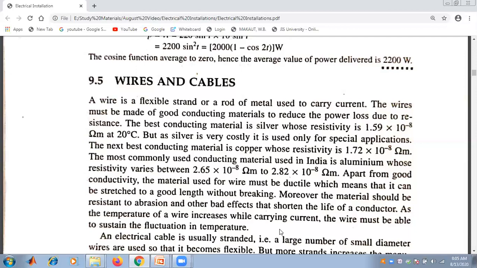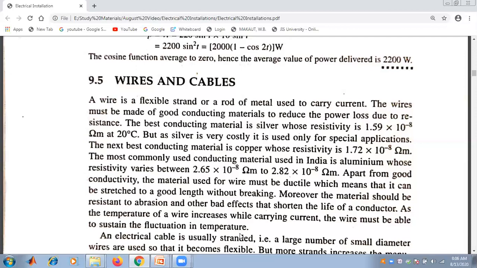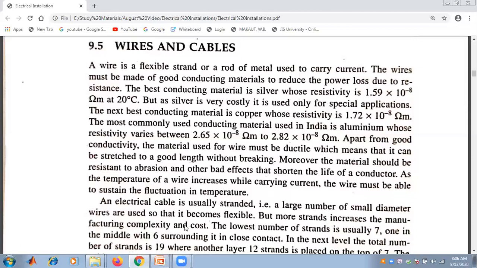Moreover, the material should be resistant to the bad effects that shorten the life of a conductor as the temperature of a wire increases while carrying current. The wire must be able to sustain the fluctuation in temperature.